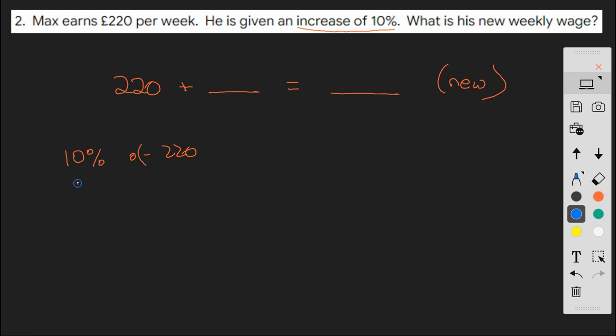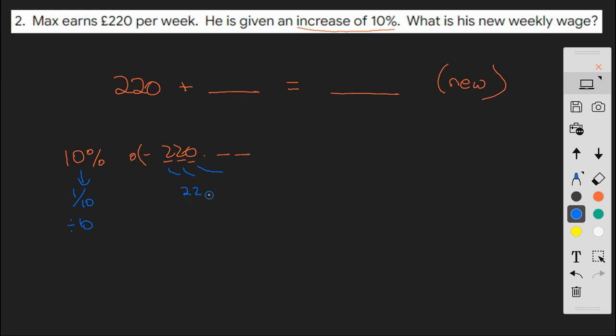Now, 10% as a fraction is 1/10. And to find 1/10 of something, we're going to divide by 10. So let's have a look at the place value here. Ones, tens, hundreds. If we're dividing by 10, everything is going to move one place.